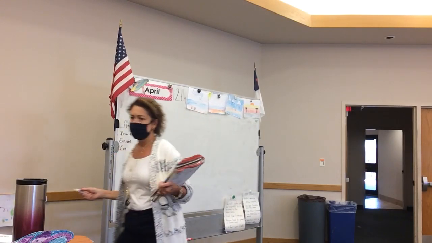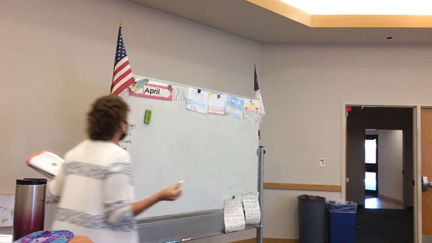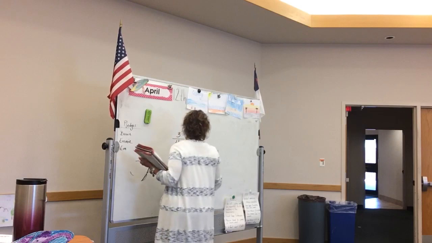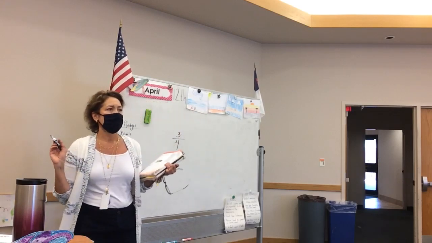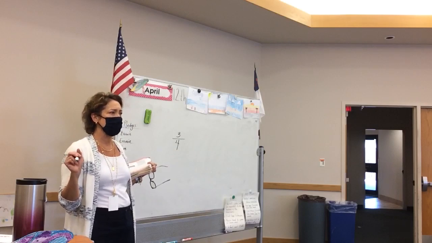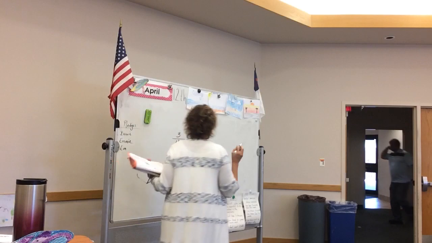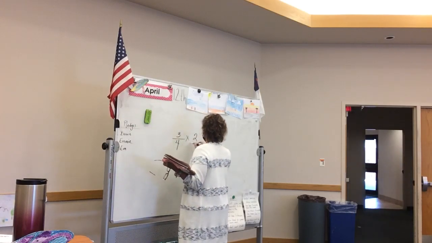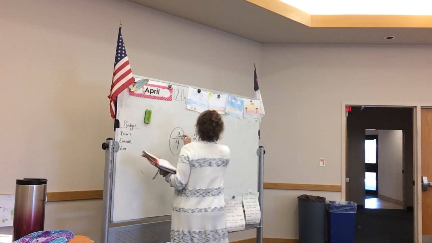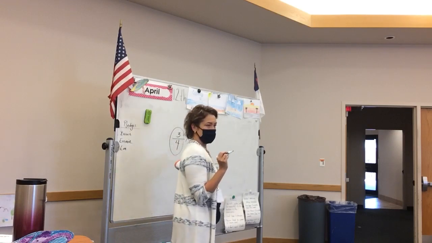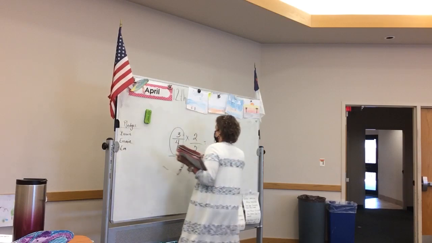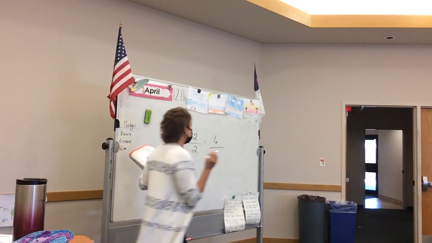All right, what is your number that you start off with? 3/4. What am I going to do first with the 3/4? What am I going to multiply the numerator and the denominator by? Cole. 2. All right, this is what we started with. What is 3 times 2? Just say it. What is 4 times 2? 8.